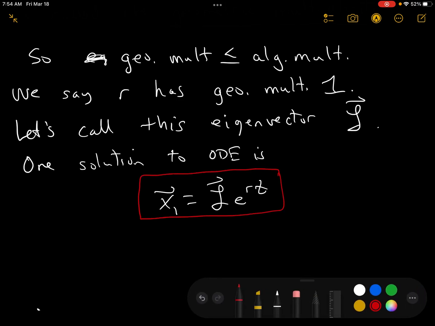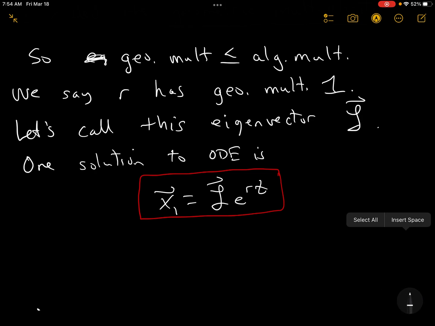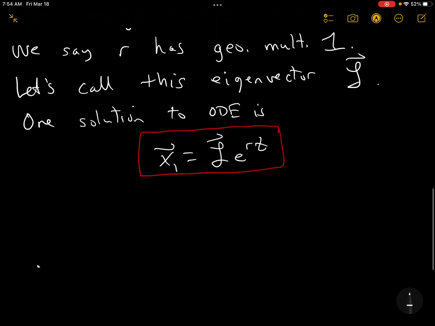So there's one solution. So following chapter 3, we did a lot of work there with reduction of order, and a guess for a second solution would be what? Zeta t e to the RT.